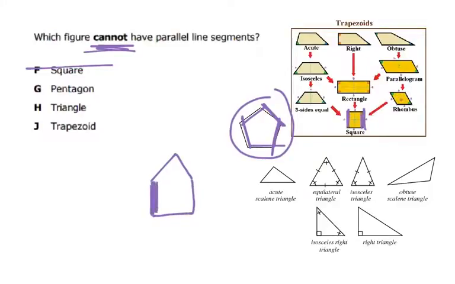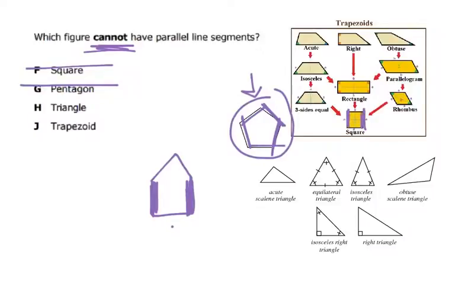I'll have parallel line segments. Do you see that right there? So don't just get stuck thinking that a pentagon only looks one way, because then you might select that as an answer choice. So we're going to cross that one out, because I now have an example of a pentagon where I would have parallel line segments.